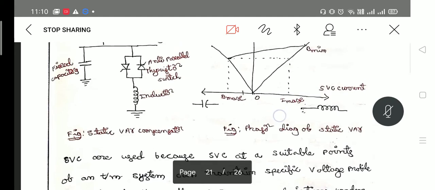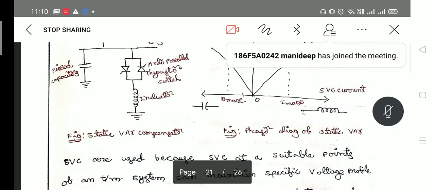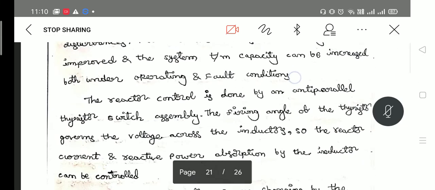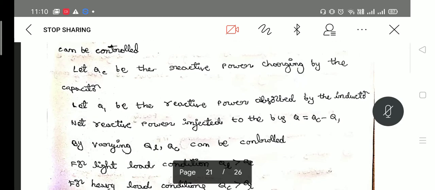This is the phasor diagram of the static VAR compensator. Here QC is the reactive power generated by the capacitor and QL is the reactive power absorbed by the inductor. Here the net reactive power Q is equal to QC minus QL.